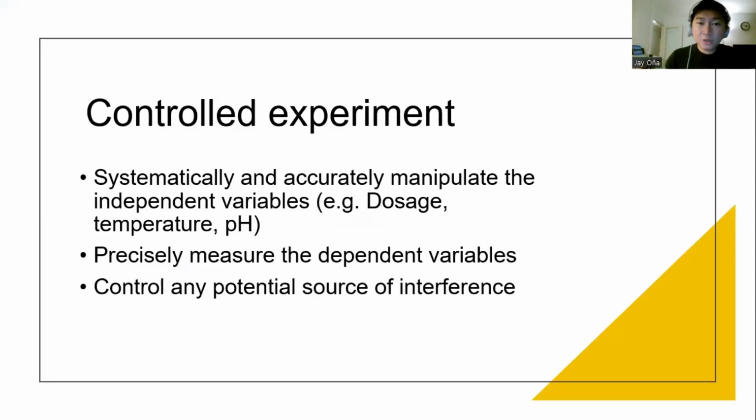Okay, so these steps constitute a controlled experiment in which we systematically and accurately manipulate the independent variable. In this case, let's say the concentration of this powdered eggshells in each plant sample, and precisely measure the dependent variables. And in that example, yun nga po, how they precisely measure the stalk and root length of those plant samples.